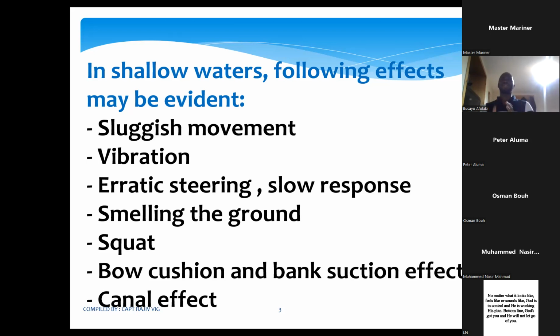So all these things, to be honest, are maneuvering tactics. They have got nothing to do with shallow waters, because even at open sea, if you are dealing with an offshore installation and you're trying to turn without considering the wind and the current, it might result in an accident, if that makes sense.